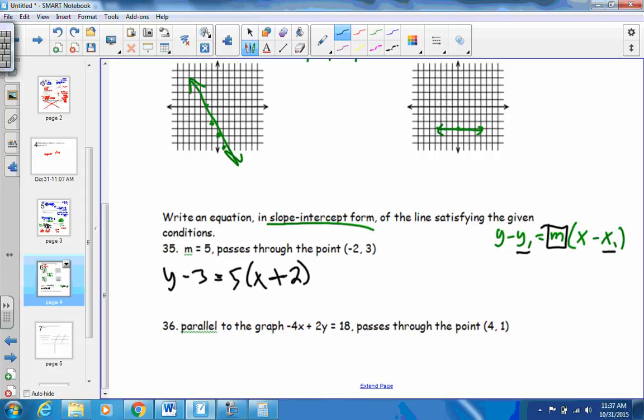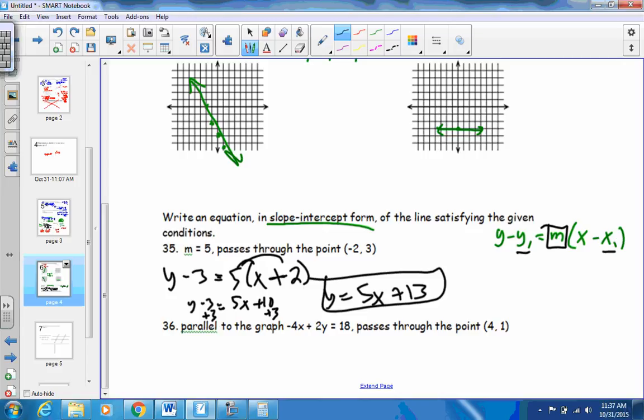All right, if I were to distribute, we'd have y minus 3 equals 5x plus 10. So add 3 to both sides. End up with y equals 5x plus 13.